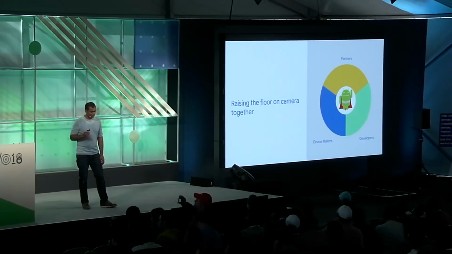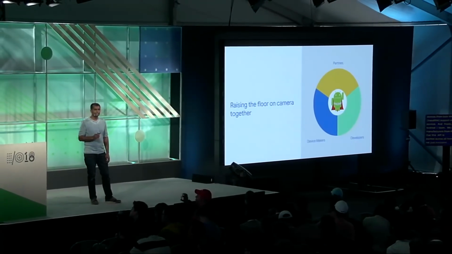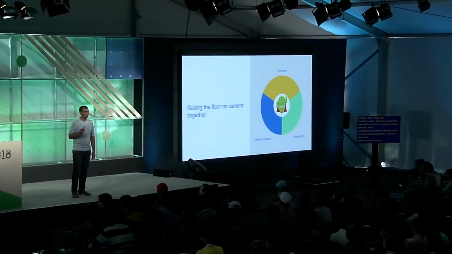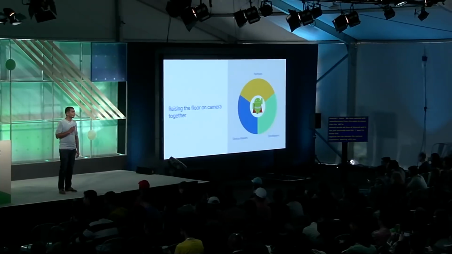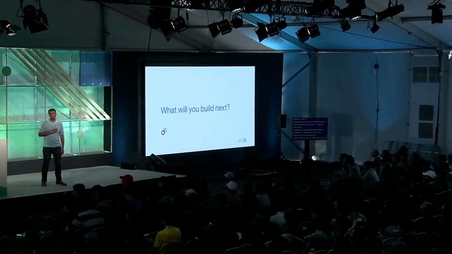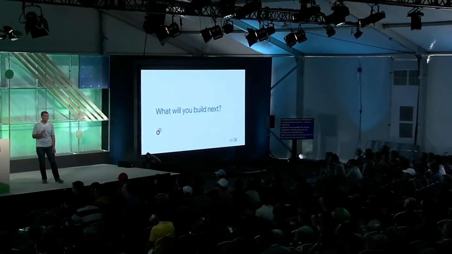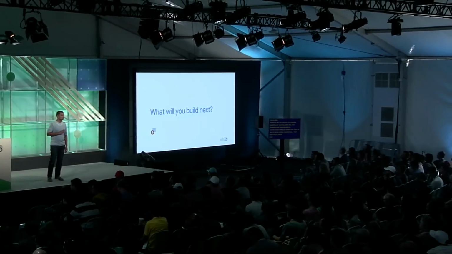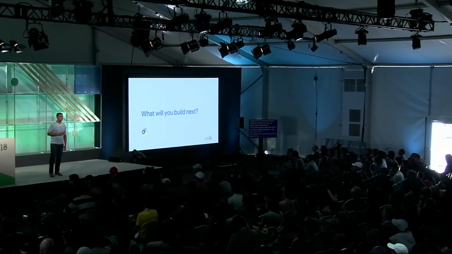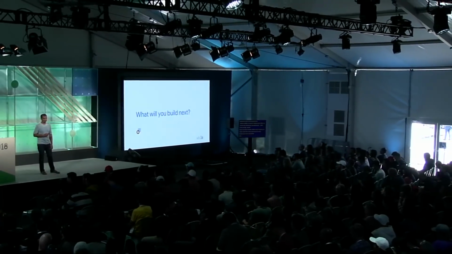I want to share that together, we really can elevate the camera experience. Working with you, our partners, our manufacturers, we're really trying to make sure that we can bring amazing experiences. And most of all, we're very excited to see what you're going to build with these new APIs and knowing what trade-offs you need to make using these APIs.